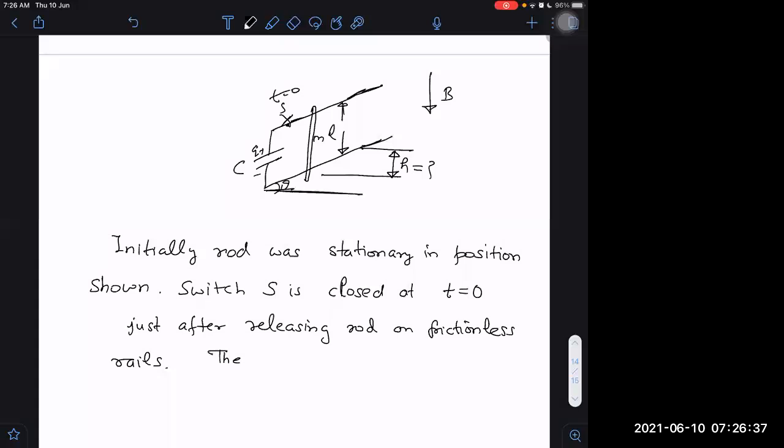The resistance of rod and rails equals 0.